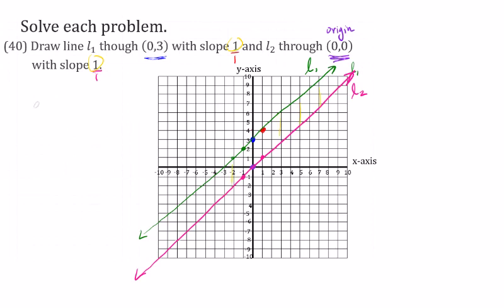And so those lines will never intersect, if you drew them properly. So when two lines have the same slope, those are called parallel lines, and we'll talk about that in the next lesson.